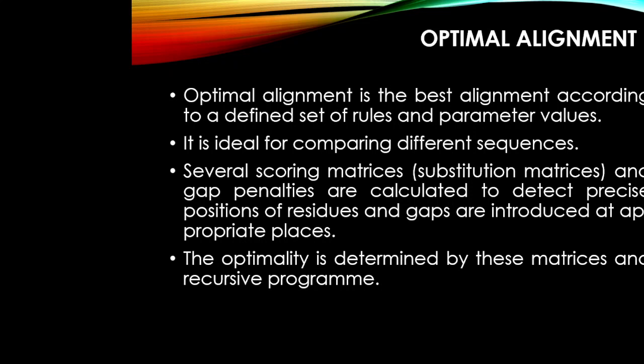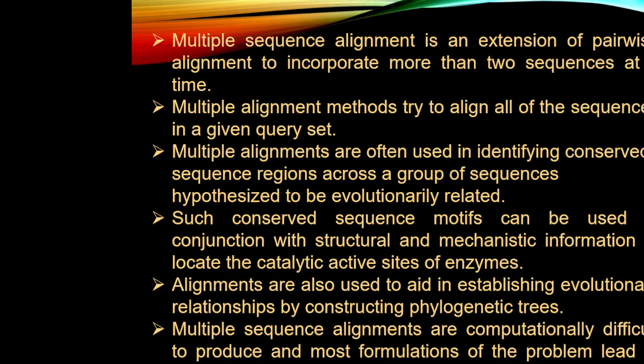That way we are finding out which is the best alignment, or the most useful, most possible alignment. So it is ideal for comparing different sequences, and several kinds of scoring matrices are there. That is the area we are going into: how this optimum alignment is discovered, what the parameters or techniques are by which we will be able to find the best, optimal alignment.